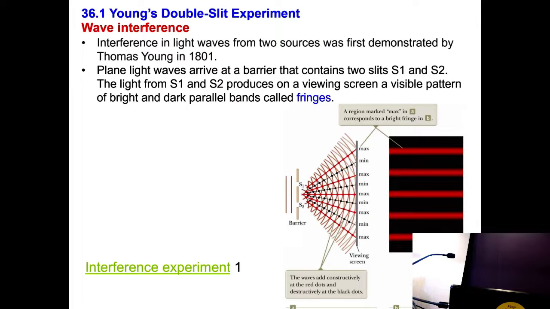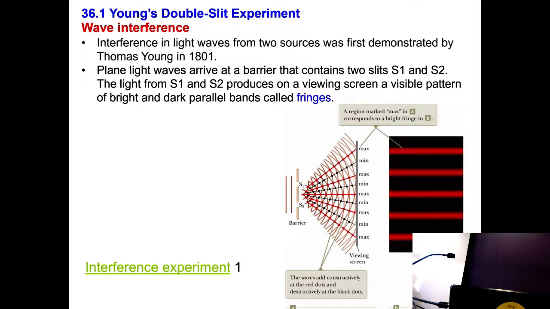These are called slits. The separation between the two slits is this d. When the light comes to the slit, it will diffract at different angles. And if you put the screen far away from the slits, you get what we call fringes. So what you have, for example, this here corresponds to maximum intensity, but here this corresponds to minimum intensity.